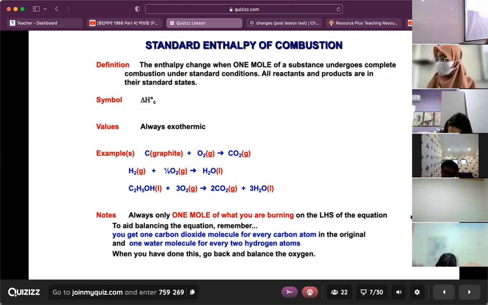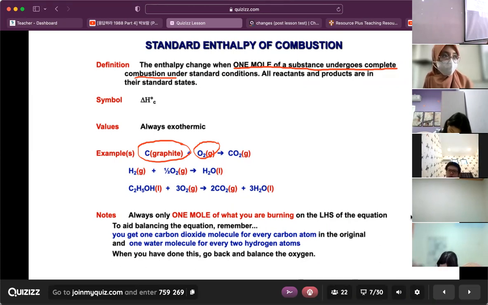So go back to the definition: 1 mole of a substance undergoes complete combustion. Combustion means plus oxygen, and the product must be carbon dioxide and or water. Since here there is no hydrogen, the product must be only carbon dioxide. So this one is the enthalpy change of combustion.